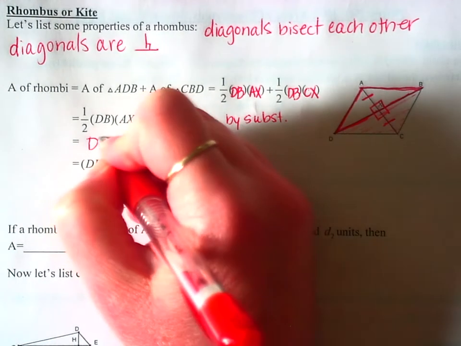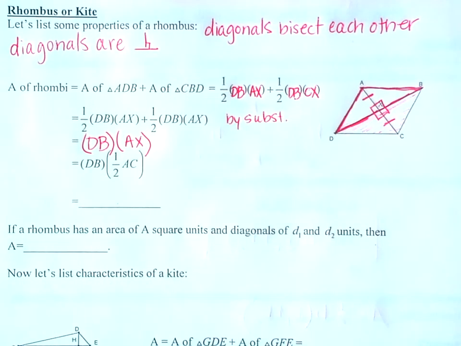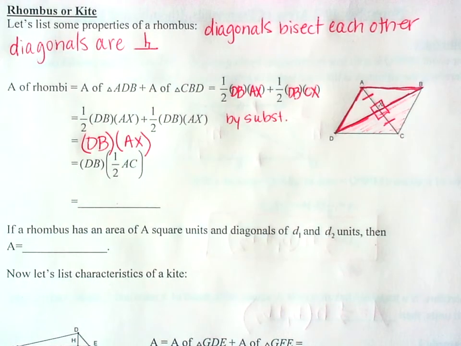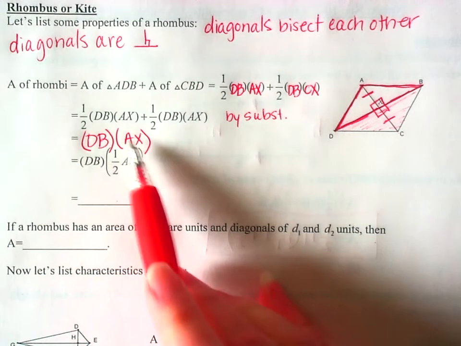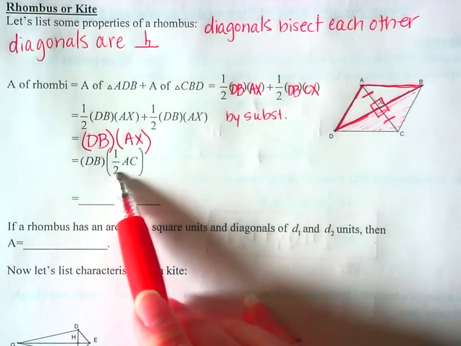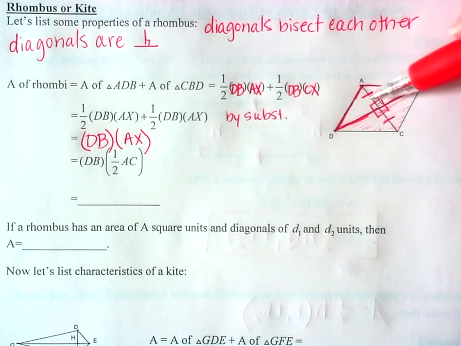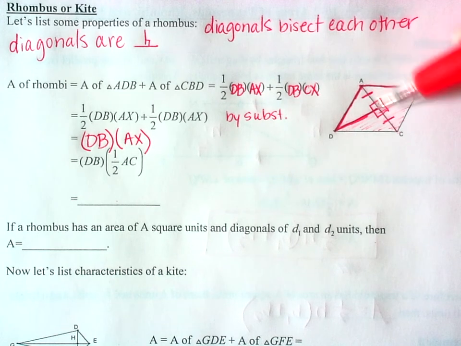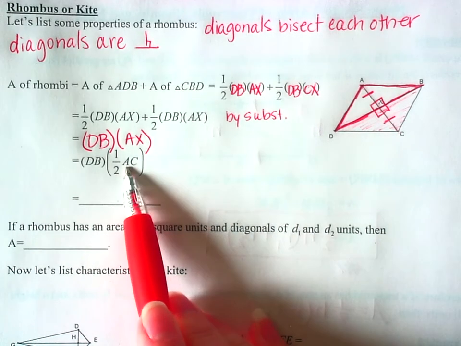So I have DB times AX. All right, so I'm going to keep the DB, and then I'm changing AX to 1/2 AC. Okay, so here's AC. And since both of these are equal, AX is the same thing as half of AC. So instead of writing AX, I'm going to write half of AC.